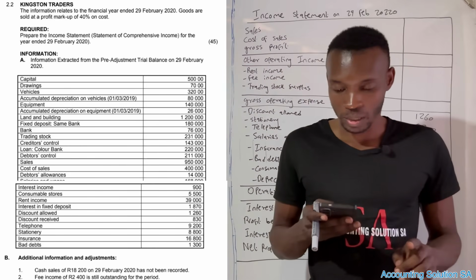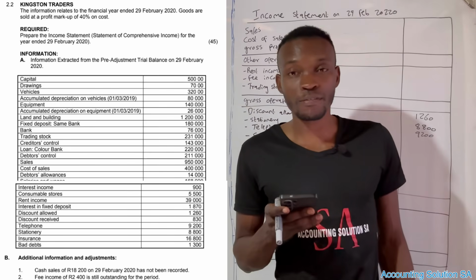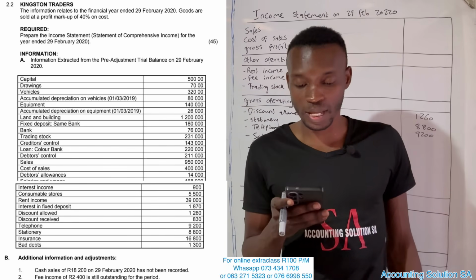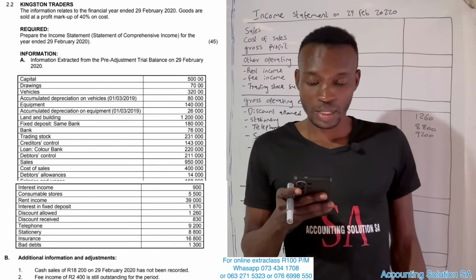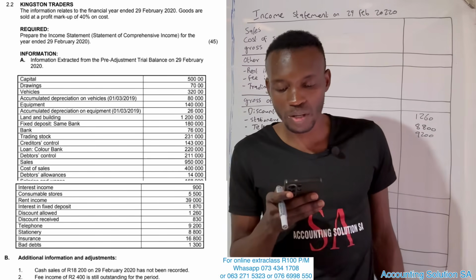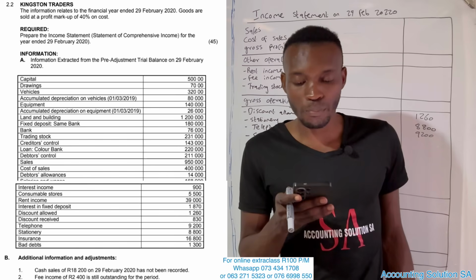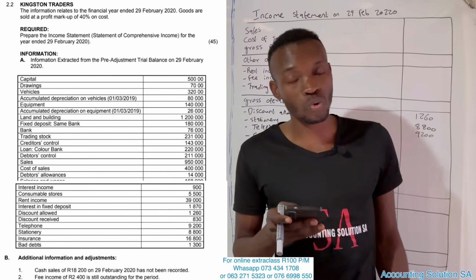This question, 2.2, was 45 marks. Imagine the whole 45 marks. They say Kingston Traders, the information relates to the financial year end 29 February 2020, and the goods are sold at a profit markup of 40% on cost.